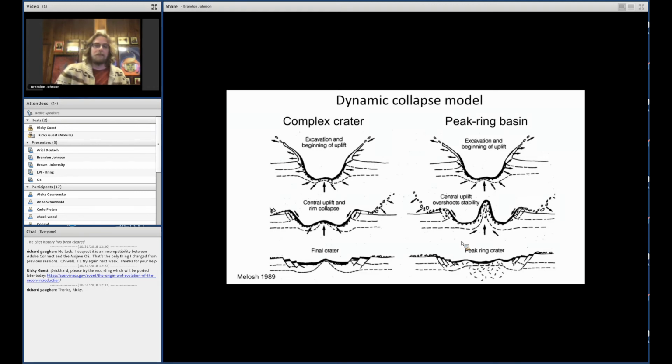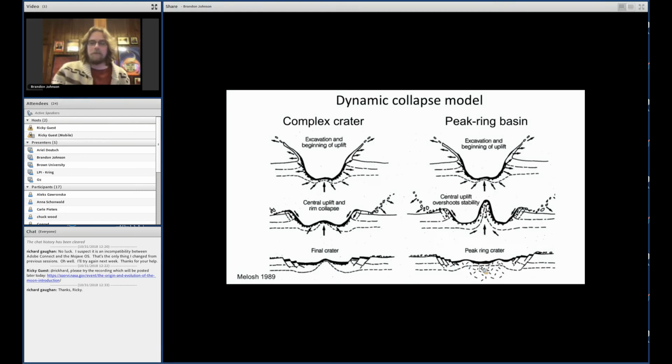In this case, the idea is that the formation is similar to the formation of a complex crater, which has a central peak, but the collapse produces a central peak that is too high. So it's not stable, and it's not going to just sit there. That peak then collapses, and you're left with a peak ring.